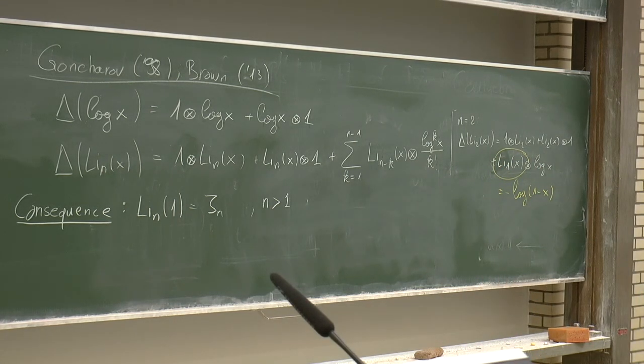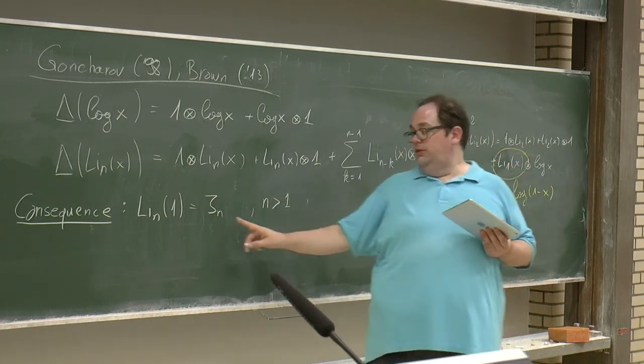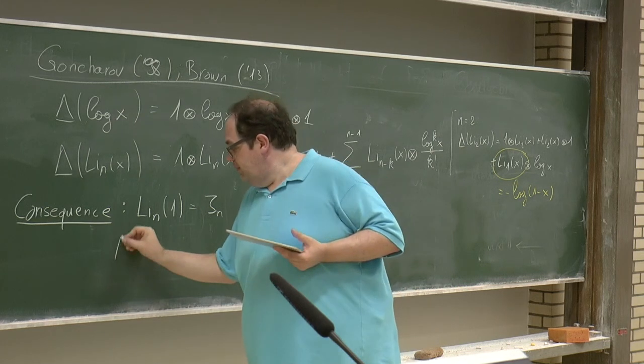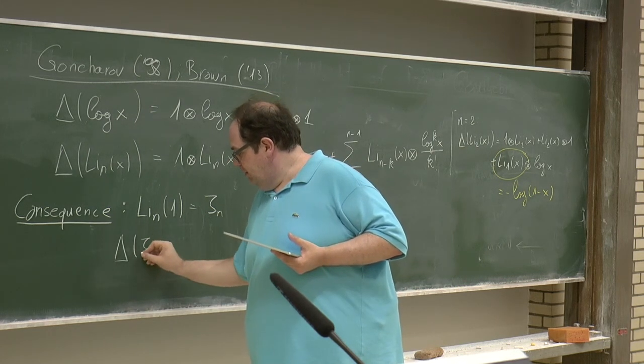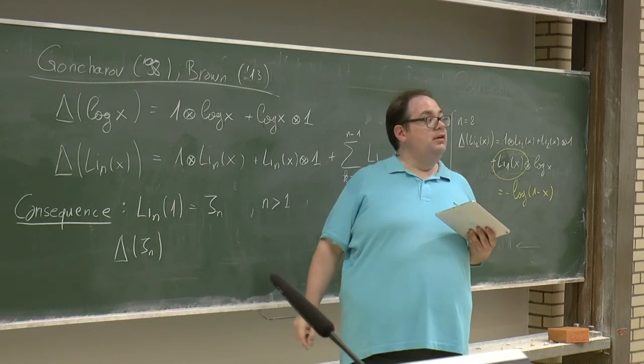So in particular, I can also now compute delta of zeta n, because I know that zeta n is Li_n of 1.